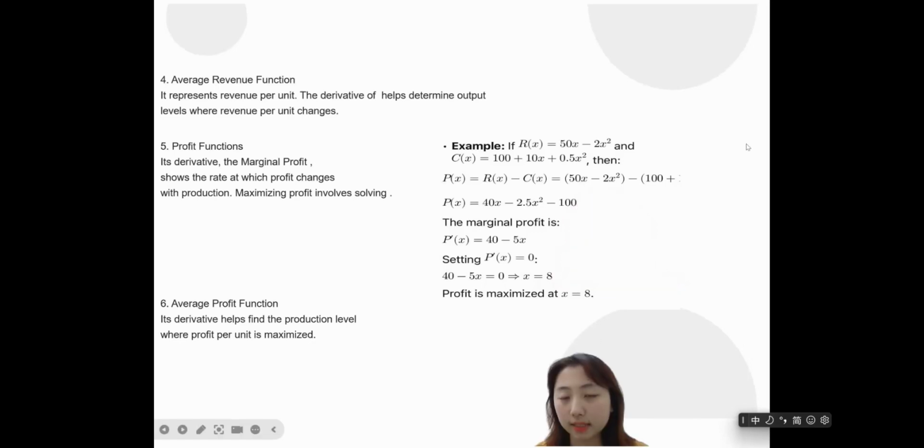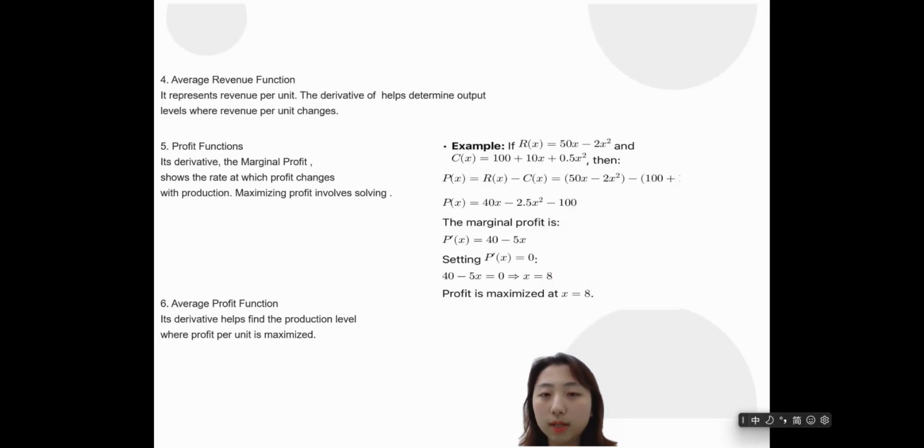Let's see this example. If R(x) equals 50x minus 2x squared and C(x) equals 100 plus 10x plus 0.5x squared, then we can get P(x) through R(x) minus C(x), and the marginal profit, the derivative of P(x), equals 40 minus 5x.